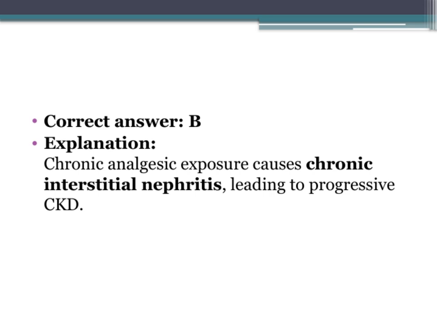This is an important concept because it highlights how certain medications, when used excessively or over long periods, can be harmful to the kidneys. It ties into our overall theme of understanding drug-induced kidney issues and emphasizes the importance of monitoring and cautious use of analgesics. So, recognizing this link helps us better prevent and manage chronic kidney problems related to medication use.